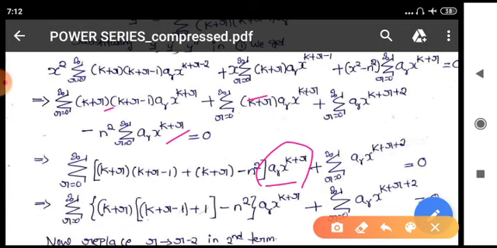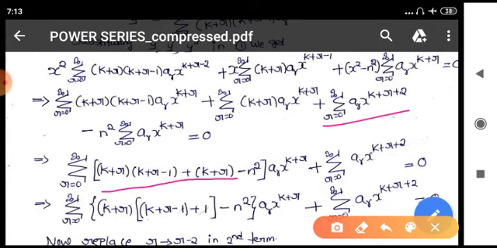Then the common terms are (k plus r) into (k plus r minus 1) plus (k plus r) minus n square. So by clubbing first, second and fourth terms, what we get is summation r from 0 to infinity of [(k plus r)(k plus r minus 1) plus (k plus r) minus n square] ar x power k plus r, and my third term, plus summation of r from 0 to infinity ar x power k plus r plus 2, is equal to 0.